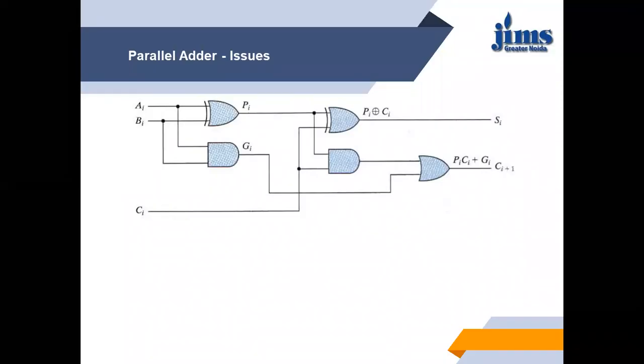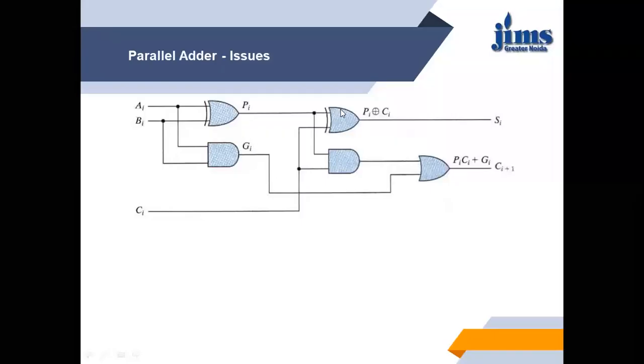Suppose this is the circuit of the full adder which we are using to construct a parallel adder. Here the output of the first XOR gate I have indicated as Pi, the carry propagate. The output of the first AND gate I have given the node Gi, the carry generate.